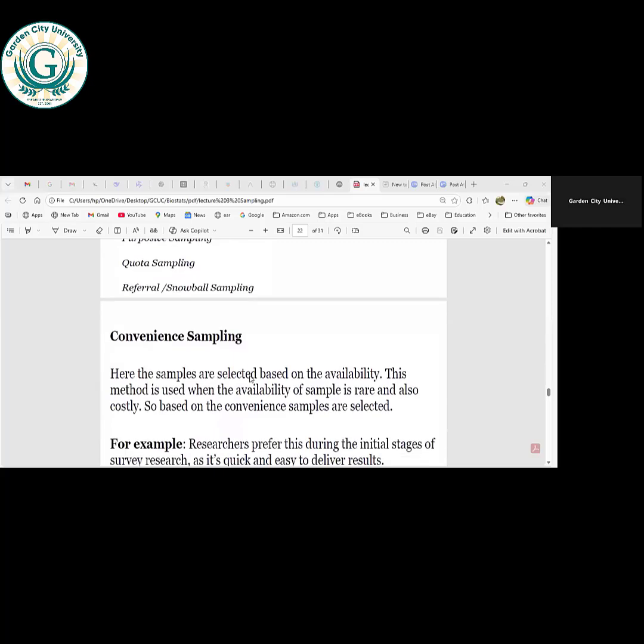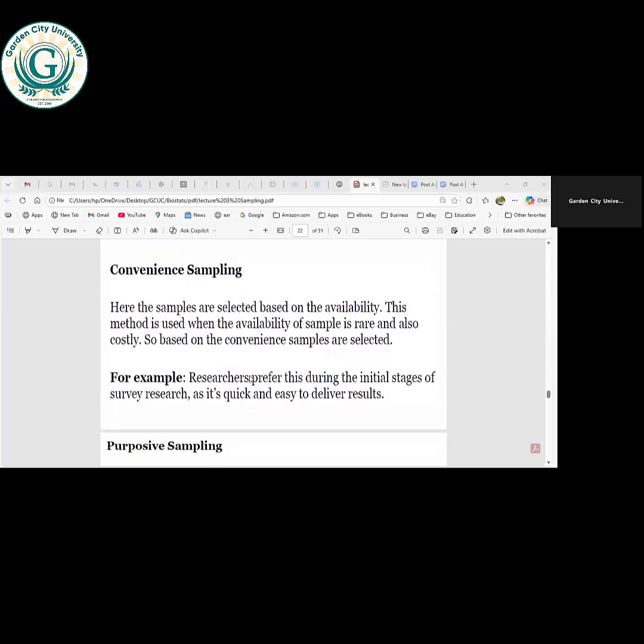The first one is what we call convenience sampling. For convenience sampling, you sample based on how available these individuals are to you. Do you get it? So that will influence how you do your selection. In most cases, it is used for a pilot survey, pilot work. When you want to pilot, you go there and sample based on availability.